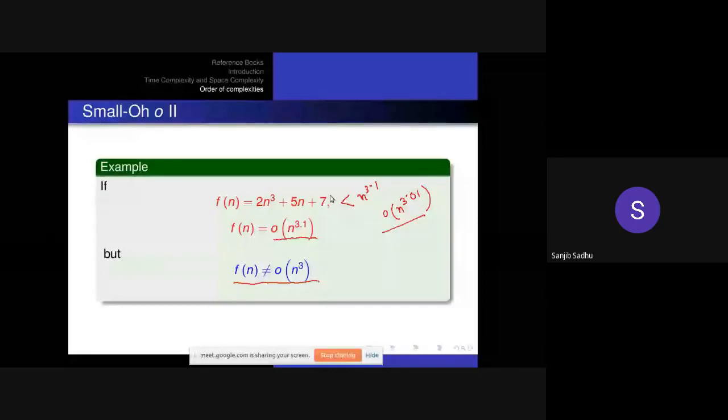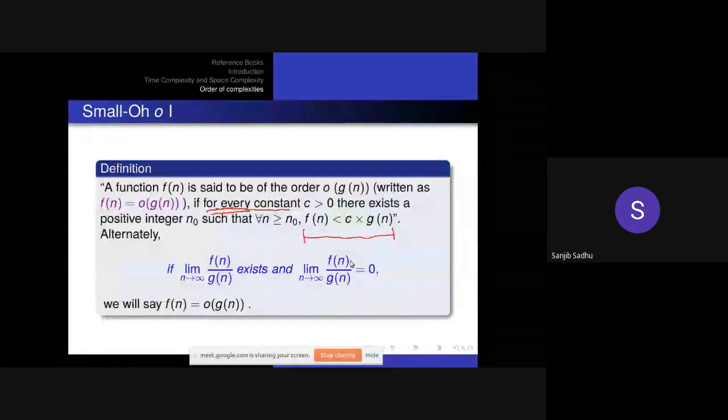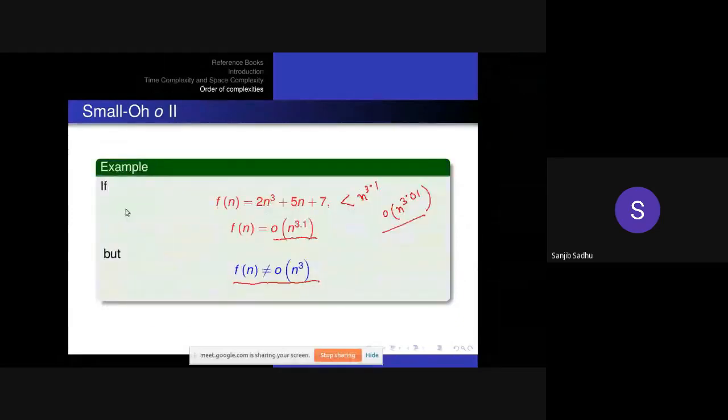Here also you see the second definition, that f(n) by g(n) should tend to 0. What is f(n)? You know already, f(n) is written here, and g(n).